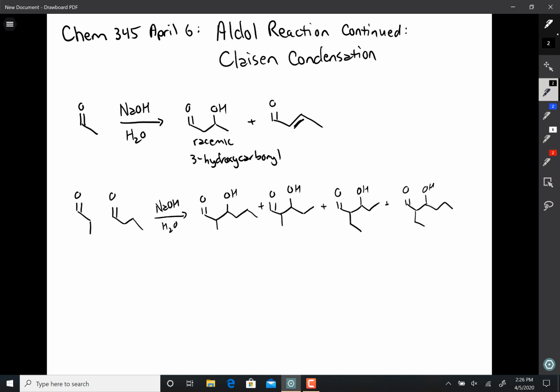And of course, each of these have multiple chiral centers, so there's much of this, plus the alkene products.